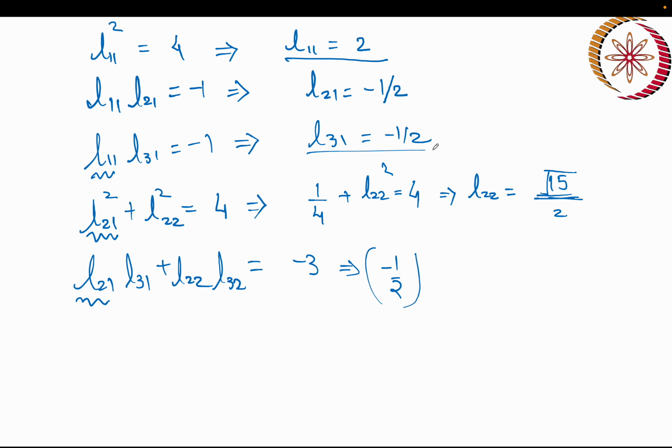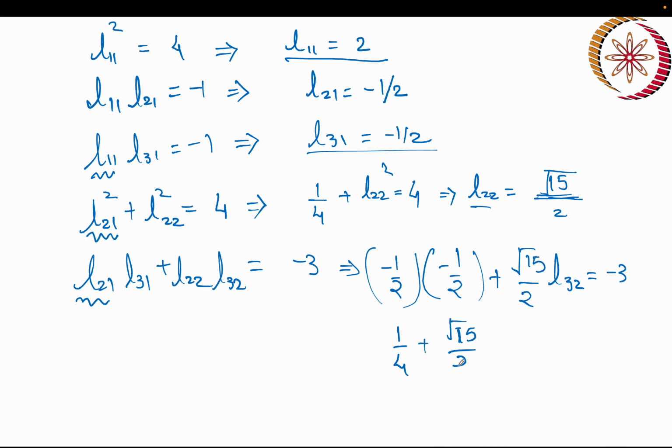We have this L31 also, which is -half. We have just computed L22, which is square root of 15/2, and L32 is the unknown. So this will be 1 by 4 plus square root of 15 by 2 L32 is equal to minus 3.